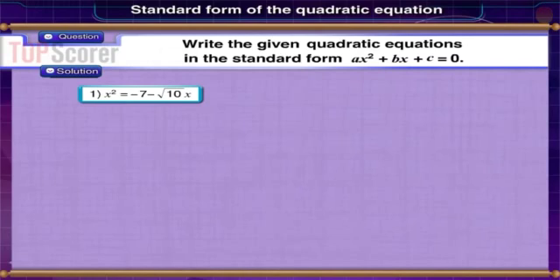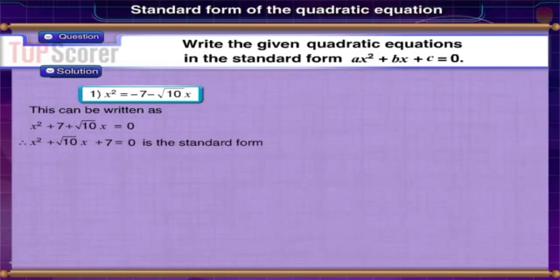How do you write this equation in the standard form? We will shift minus 7 minus root 10x from right hand side to left hand side. Therefore, the equation becomes x square plus root 10x plus 7 equal to 0. And this is in the standard form ax square plus bx plus c equal to 0.